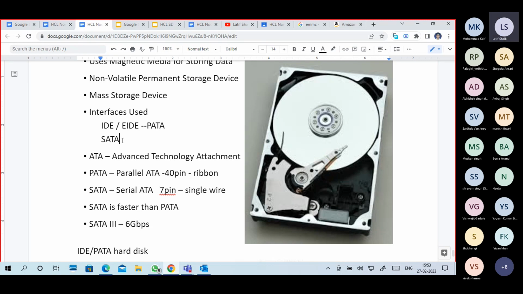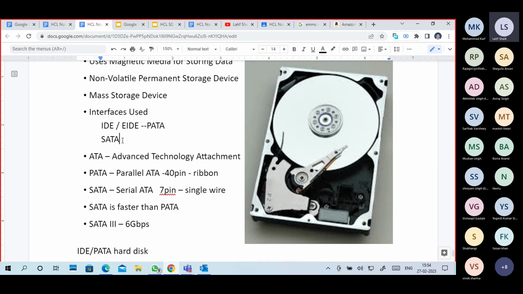In the Advanced Technology Attachment, we have PATA and SATA. The first one is PATA, Parallel Advanced Technology Attachment. It's an attachment technology. It's not a hard disk technology. It is attachment technology, meaning how you connect the hard disk to your motherboard.